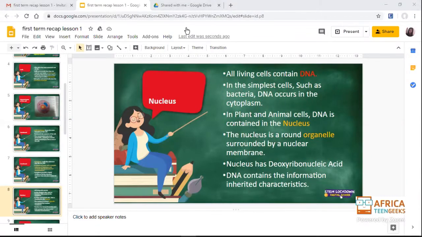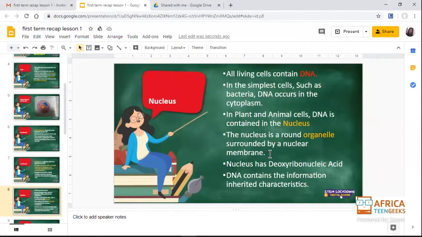Are you familiar with those terms? Let me write them down for you. Prokaryotes and eukaryotes. A plant cell and an animal cell are eukaryotic cells, and bacterial cells are prokaryotic cells. They do not have a nucleus, and eukaryotes have a nucleus.